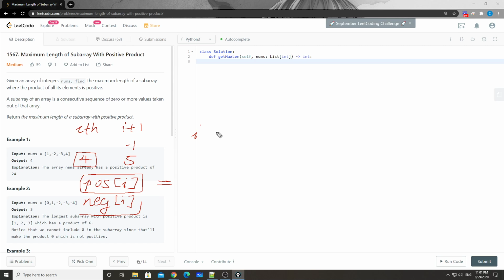If the current number, the ith number, is greater than zero, we can simply get positive i from positive i minus 1 plus 1.